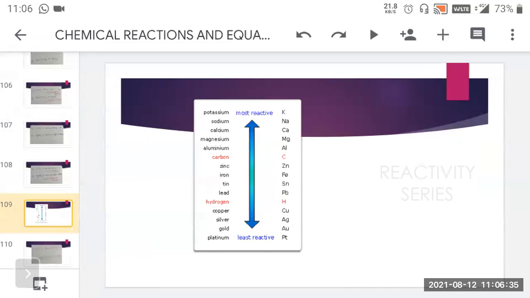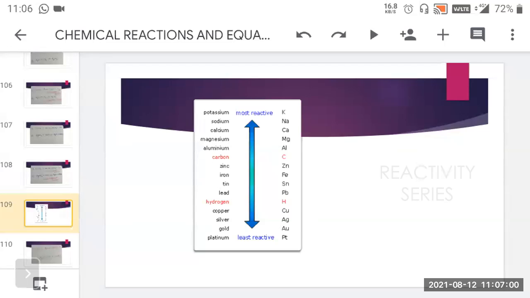Whatever elements are present towards the top are the most reactive elements, whereas the elements present below are the least reactive elements, or have low reactivity. So in this case, zinc has higher reactivity as it is present upwards, and copper has low reactivity.